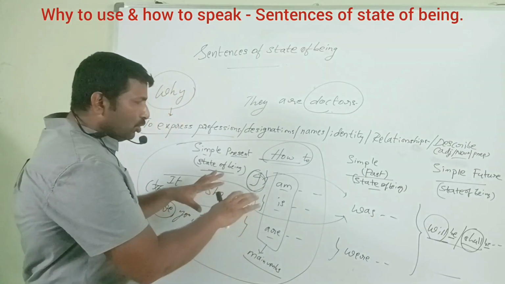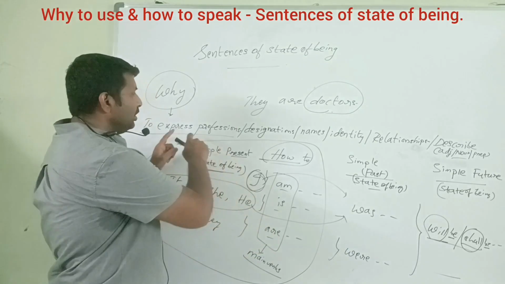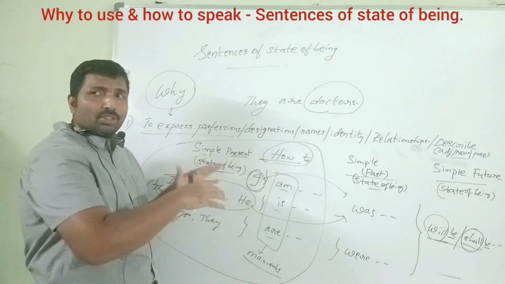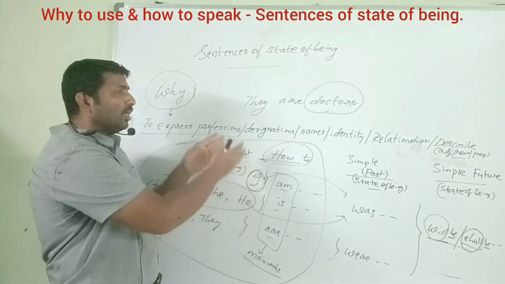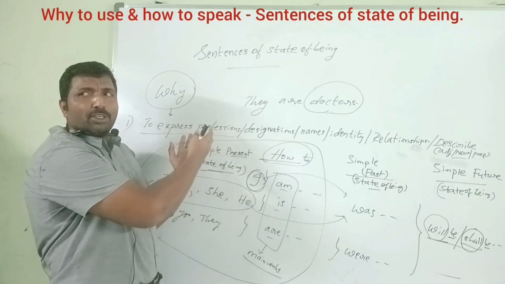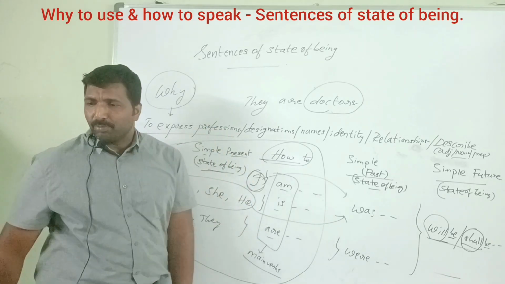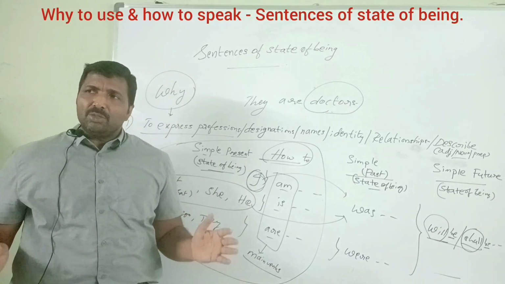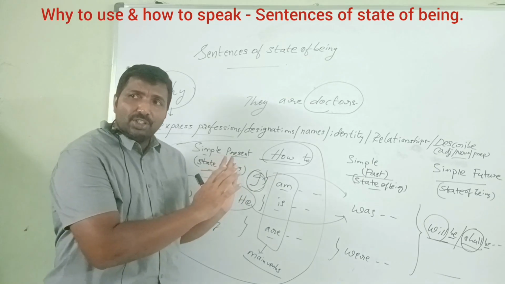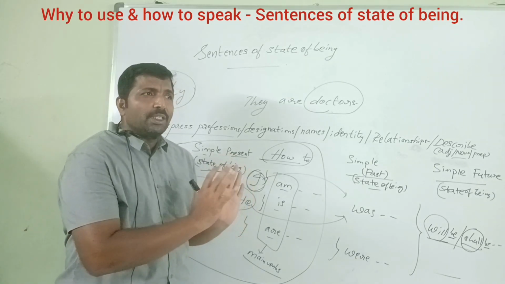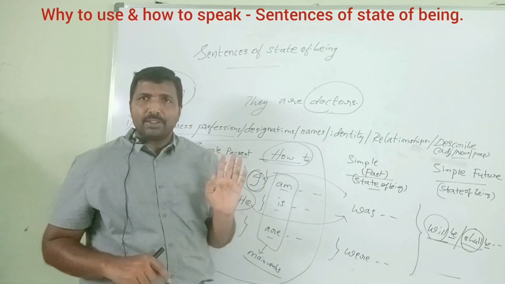So, why use these structures? These are the conditions. How to use them? The structures say how to use. You have structures, you have the whiteboard, you also have PowerPoint. You can write as many sentences as possible. But our discussion is sticking to state of being. Remember this point.